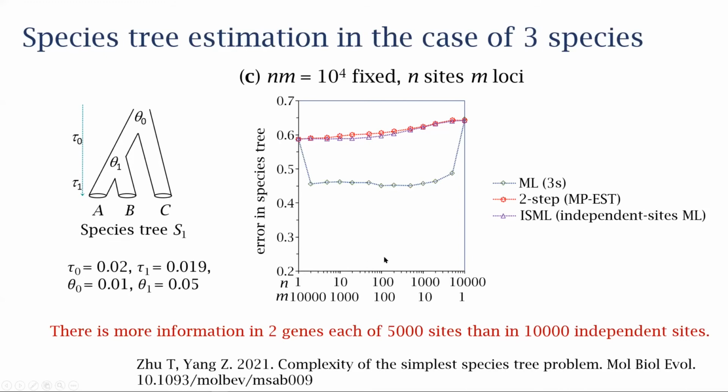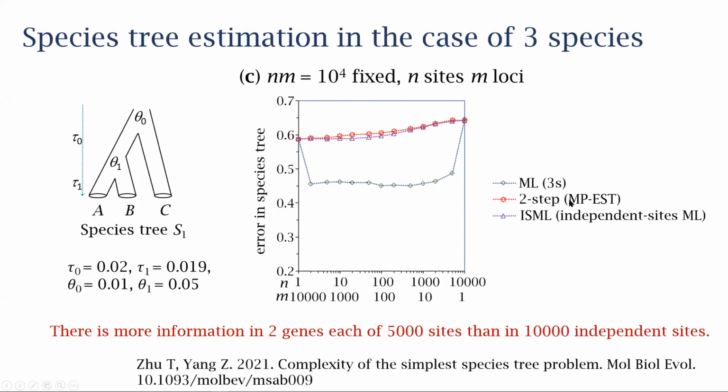So here it's just a simple simulation or calculation that contrasts 3 different methods. Max likelihood, as I explained in the previous slide, using the program 3S. Two-step, that's equivalent to the method known as MT-East.